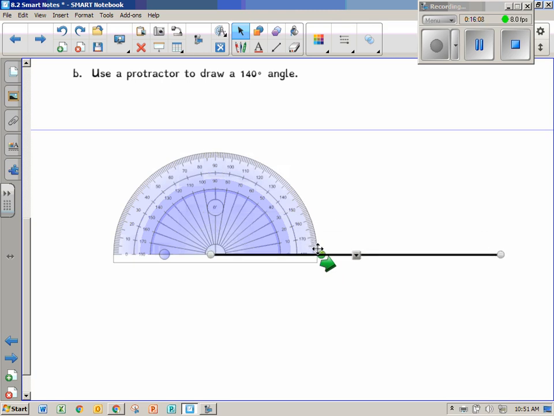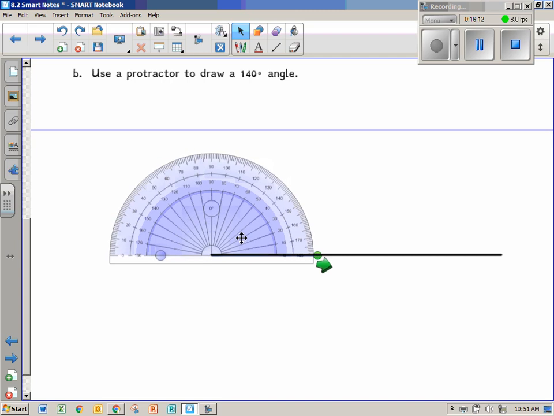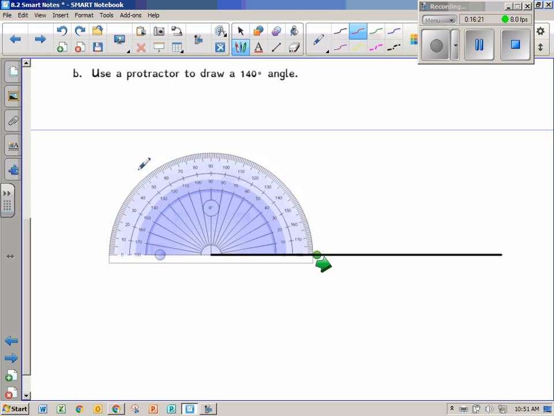Oh, well, that's not what you want to do. So 140. I want to be looking at the big part because I'm coming way over here. So here's 140, right at the same place as 40.